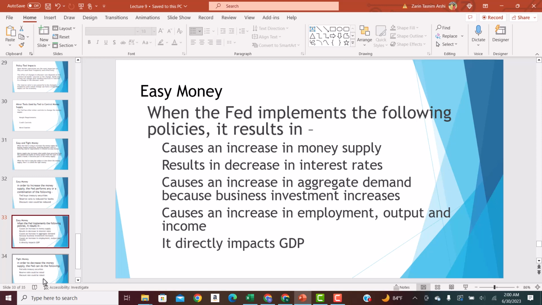The new equilibrium point between the demand and supply curves is at a lower interest rate. So when the interest rate decreases, investments will go up, and that will cause aggregate demand to go up. When aggregate demand goes up, it creates more employment, output and income, which in turn will increase GDP. So that's one way to bring the economy out of recession, by implementing the easy money policy.